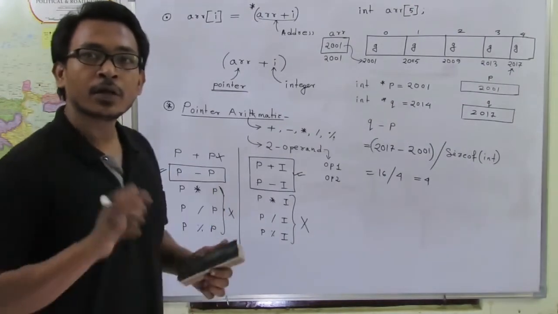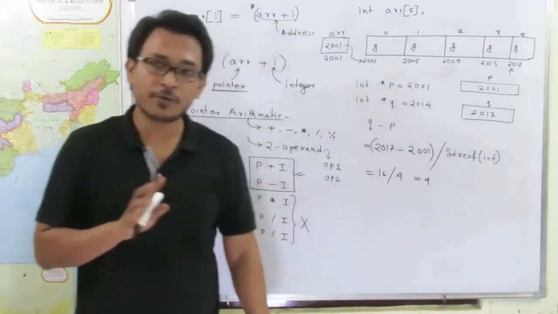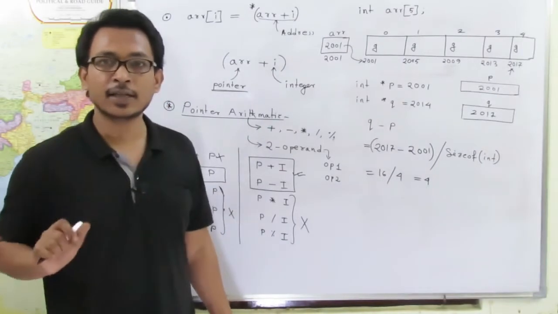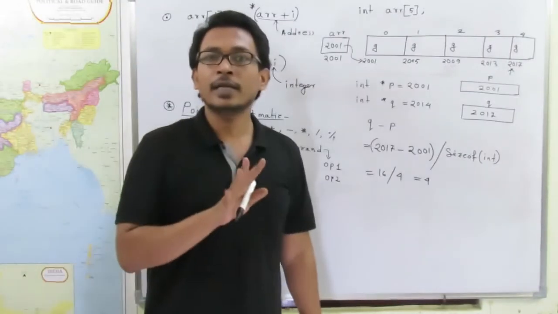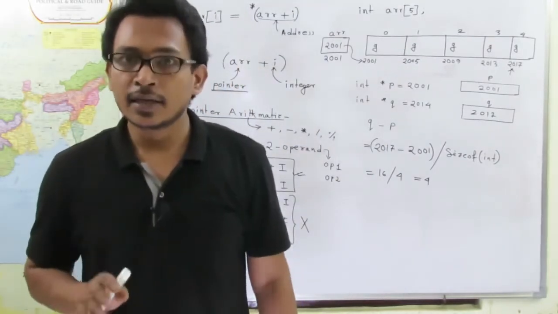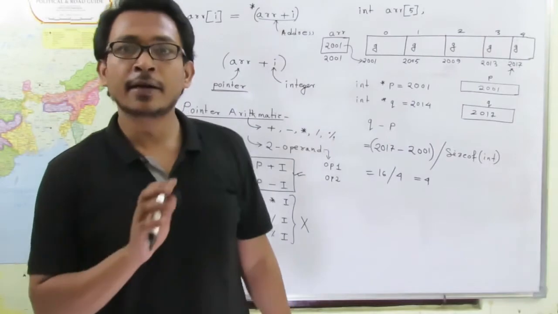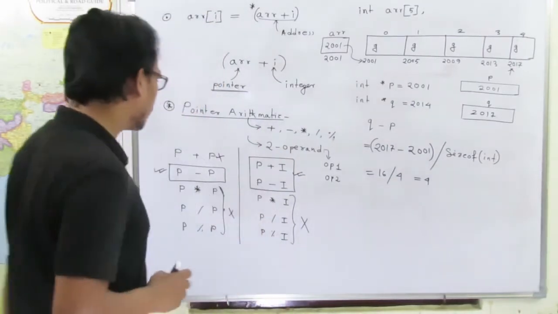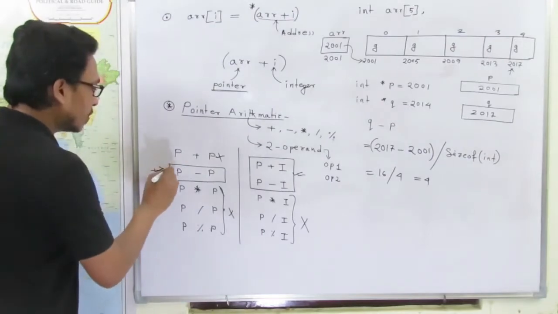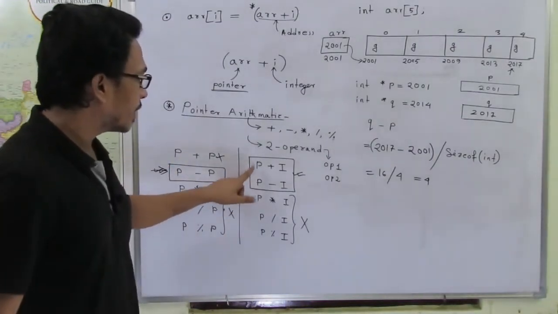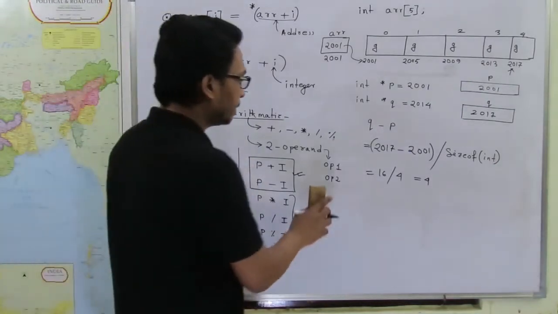When we perform a subtraction operation between two pointers, the result is not a pointer, even though it is pointer arithmetic. In such a case, the result is the number of elements that are present within those two given addresses. So we already learned how this pointer arithmetic operation is performed. Now coming to these two operations.